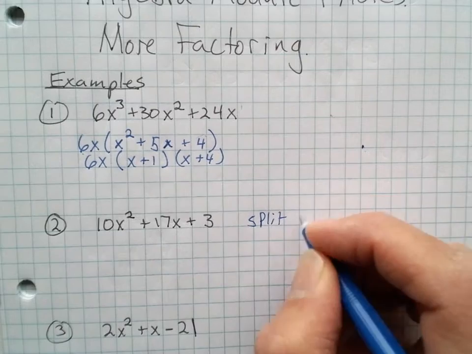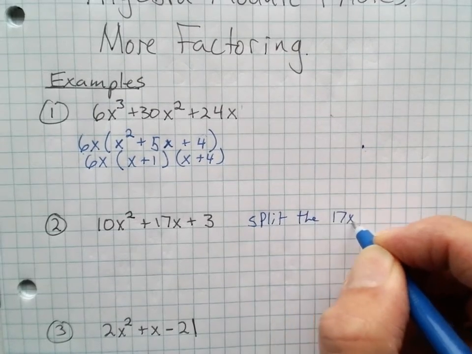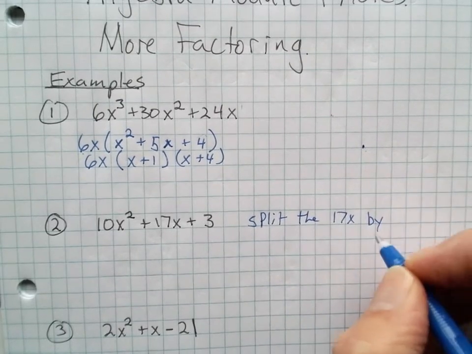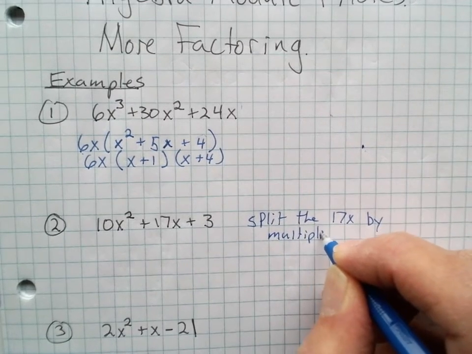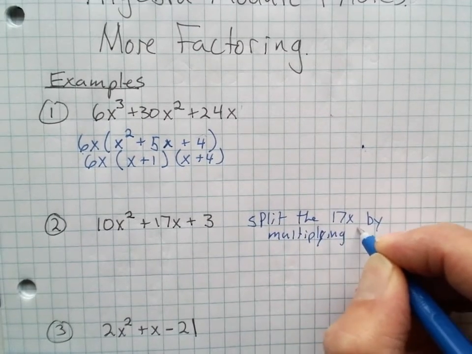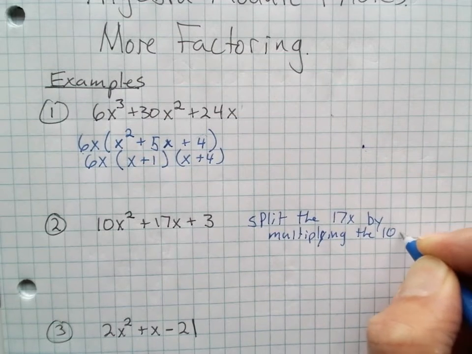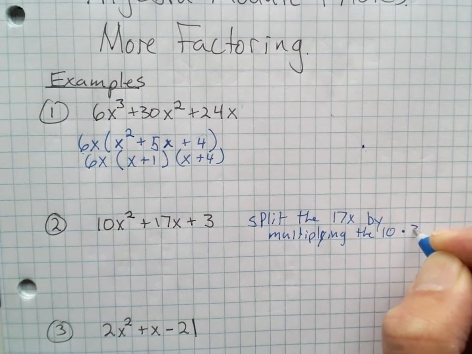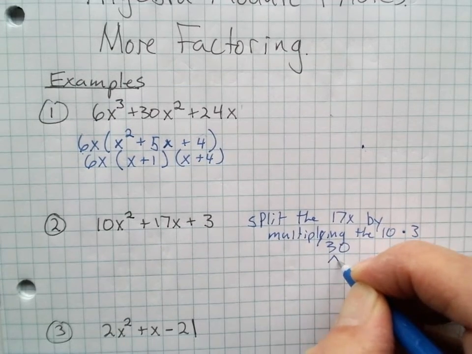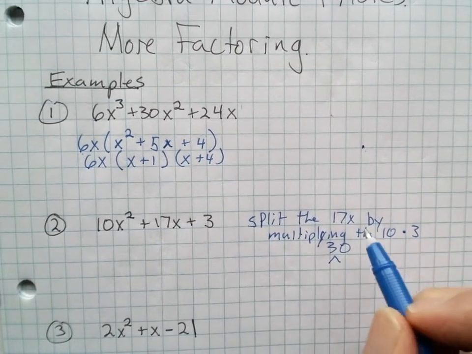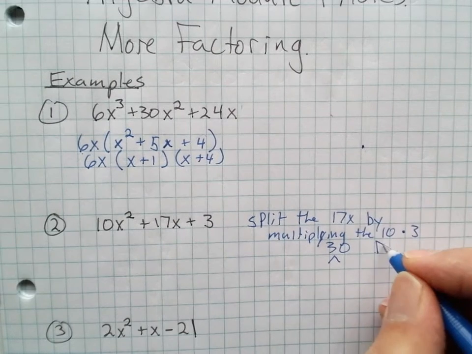by multiplying the 10 and 3, which is going to give us 30, okay? So now we want to do factors of 30 that add up to 17, and I'll show you why.